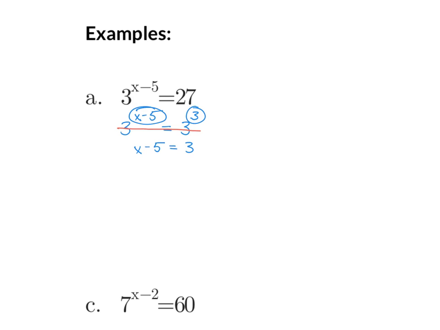Notice now that we have no exponentials, and so in order to finish solving this, I just need to add 5 to both sides. We get x equals 8 as our final answer. And we're done.